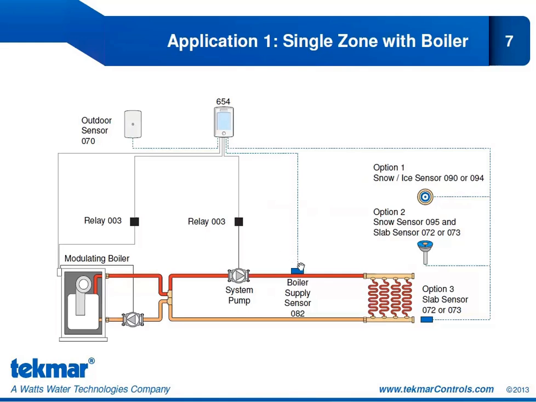We have our boiler supply sensor going to our 654, and we have our optional sensor devices on the right-hand side. So option 1 is the snow ice sensor 090 or 094, and that will give us the automatic start and automatic stop.